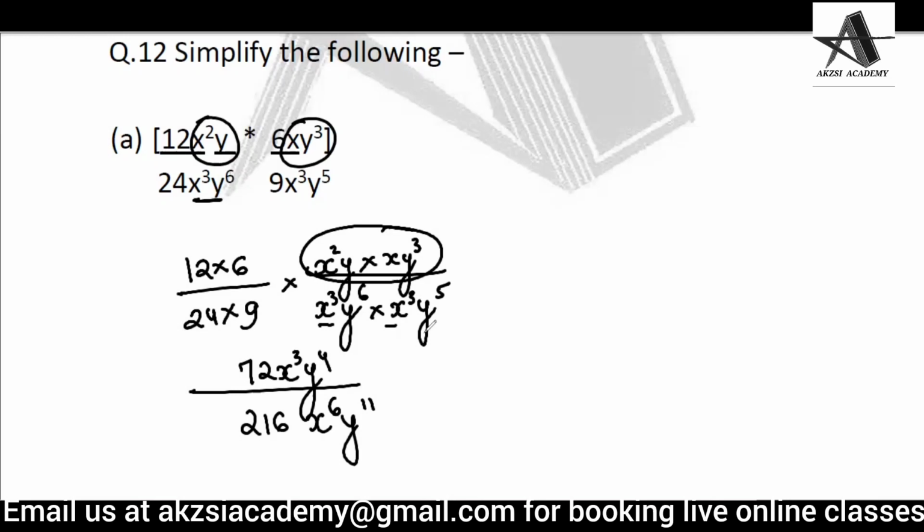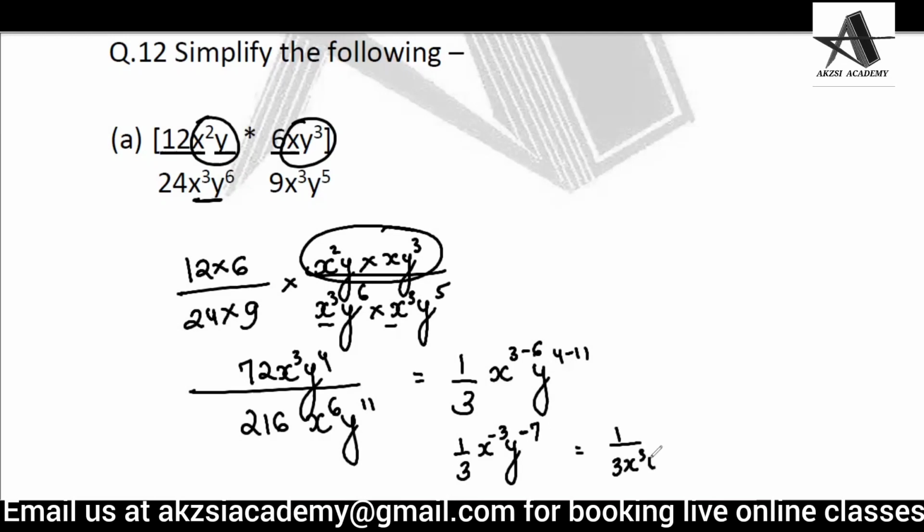On dividing, first divide the numbers. Let me simplify it: 1 by 3. x cubed over x to the power of 6 is x to the power of 3 minus 6. y to the power of 4 over y to the power of 11 is y to the power of 4 minus 11. So the answer is 1 by 3 x to the power of negative 3 y to the power of negative 7, or 1 by 3 over x cubed y to the power of 7. That's your final answer.